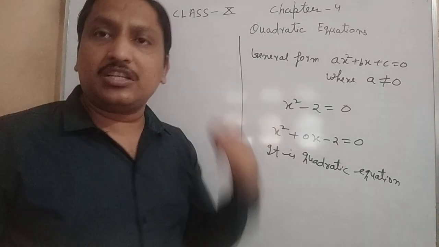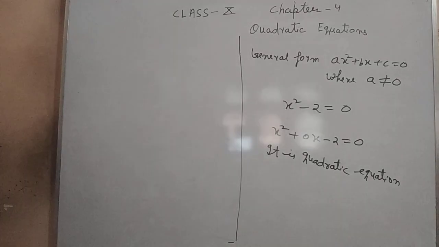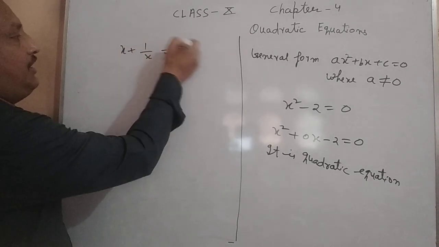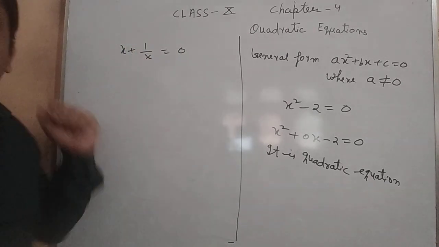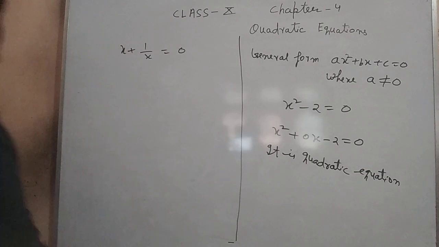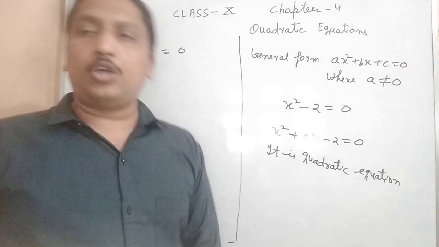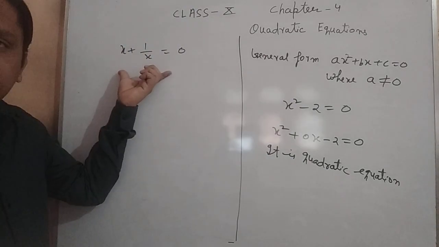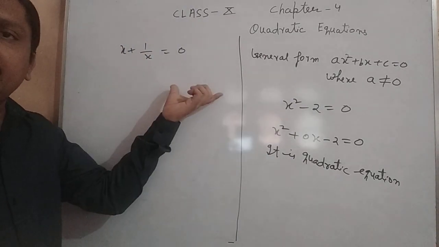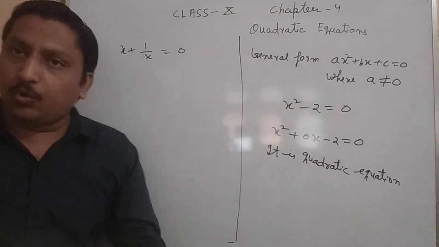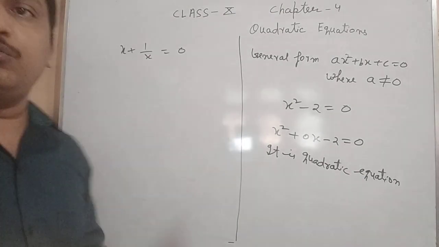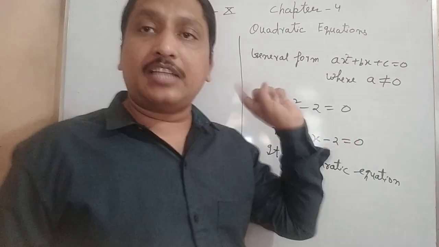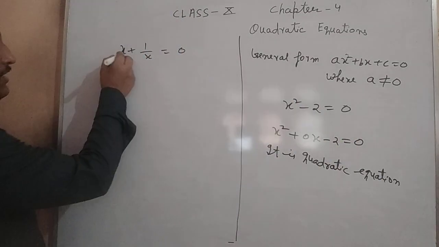Suppose some equations are given of that type. Suppose x plus 1 upon x equals to 0, and we have to check whether this equation is quadratic or not. If such a type of equation is given, first we simplify it, then we check if it has a degree 2, it is quadratic. If it does not have a degree 2, it is not a quadratic equation. So now let's check. We take the LCM x.